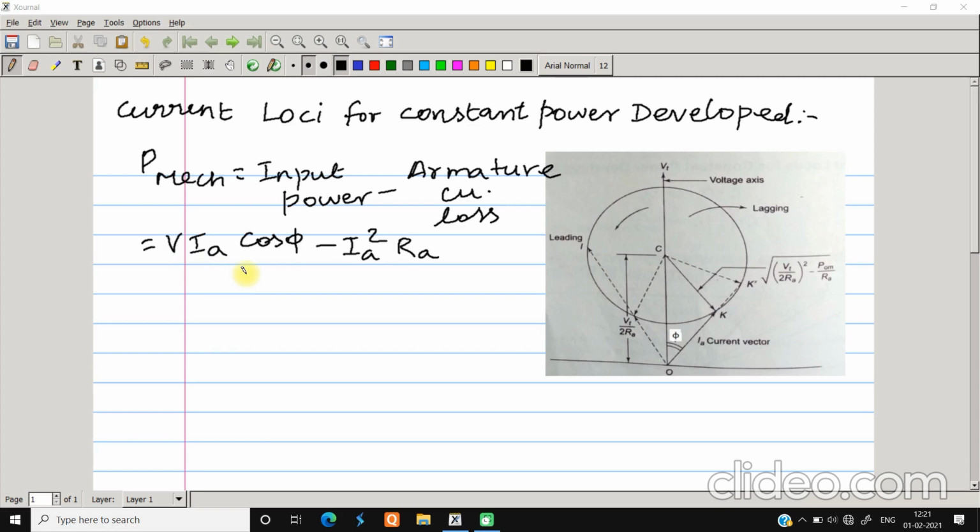In this equation, when we divide by Ra on both sides, we will have the equation Ia square minus V divided by Ra into Ia cos phi, which is equal to, so this P mechanical will come to this side and these terms will go to that side, so we will have the answer as minus P mechanical divided by Ra.